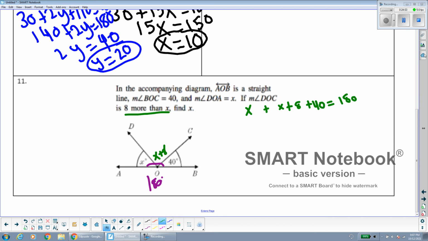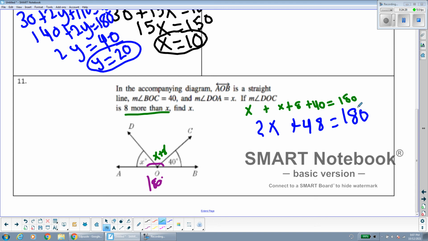Combining my like terms, I get 2x plus 48 is equal to 180. I'm going to get out my calculator so I can subtract both sides by 48. So I have 180 minus 48.